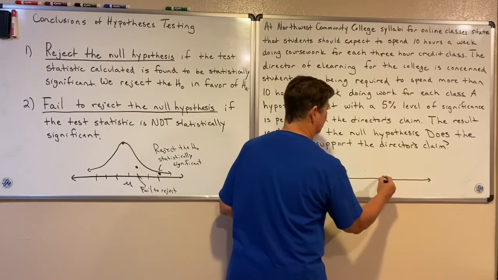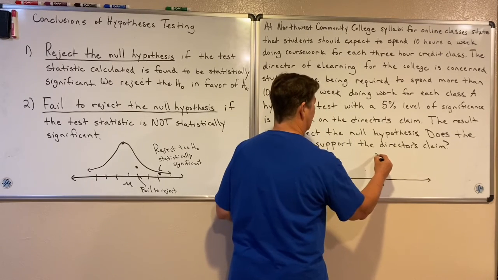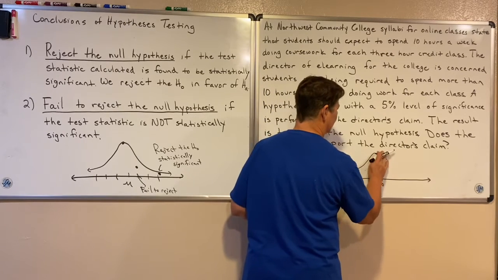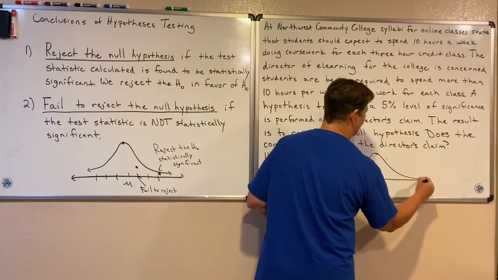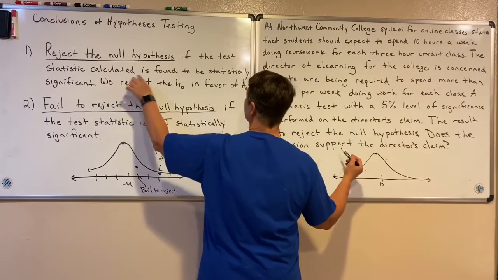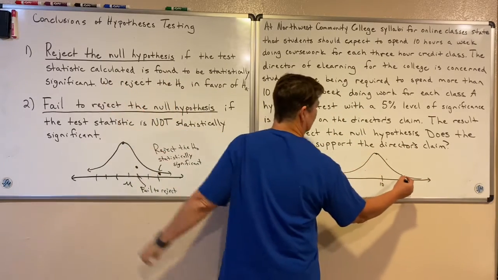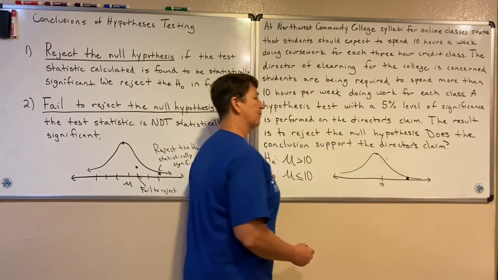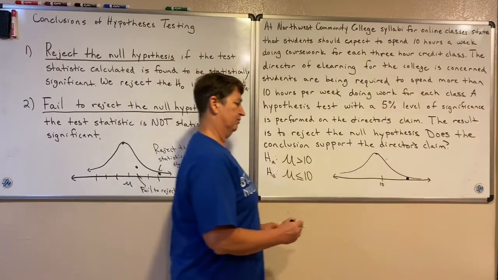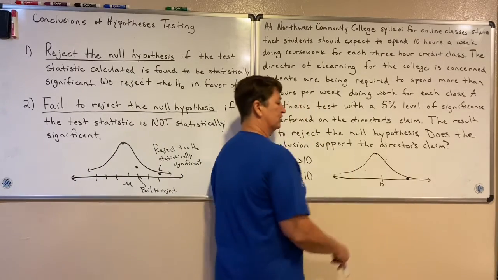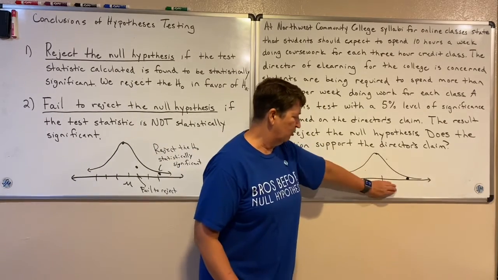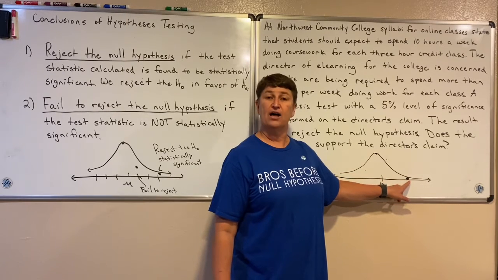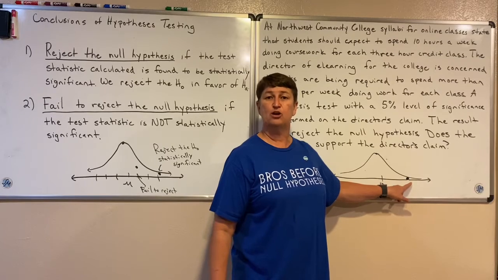So my mean is here at 10. And if I reject the null, that means that I got it statistically significant. It was far enough out here that I'm going to reject that null. And sure enough, if I reject this null, it means that there is enough evidence to show that the director's claim may be correct.